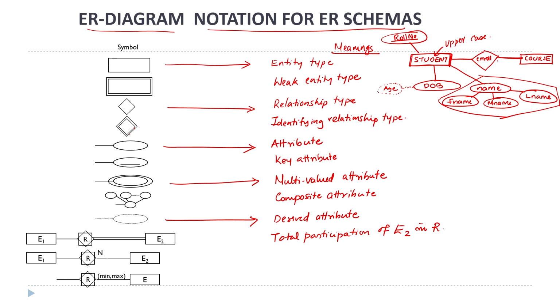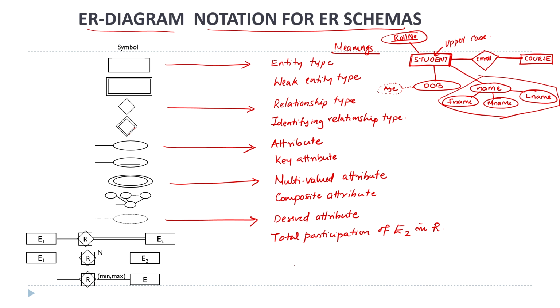If I draw two lines here, that means every course is applicable with all students, which is not correct. What I am trying to say is that in this relationship, E2 is totally participating in the relationship with respect to E1. That is what the first one says.